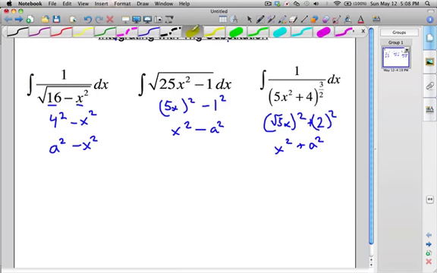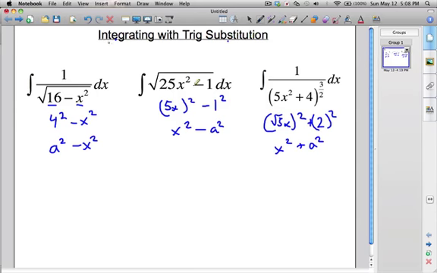And these trig substitutions are all going to come down to using a couple of trig identities. One of the most important is sine squared theta plus cosine squared theta equals 1. This can be rewritten as 1 minus sine squared theta equals cosine squared theta.